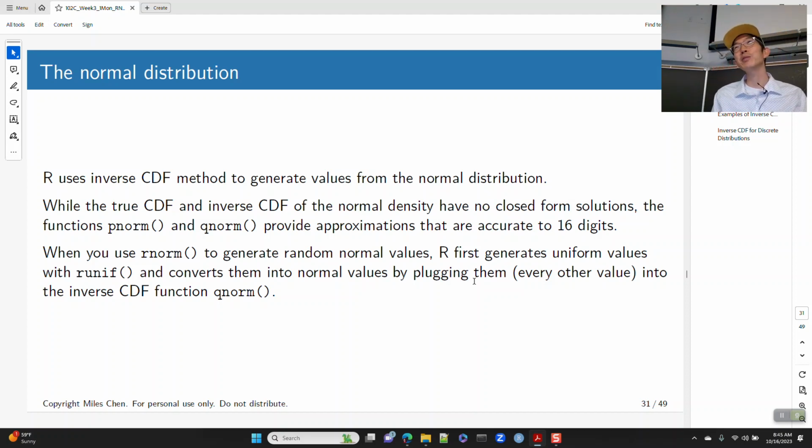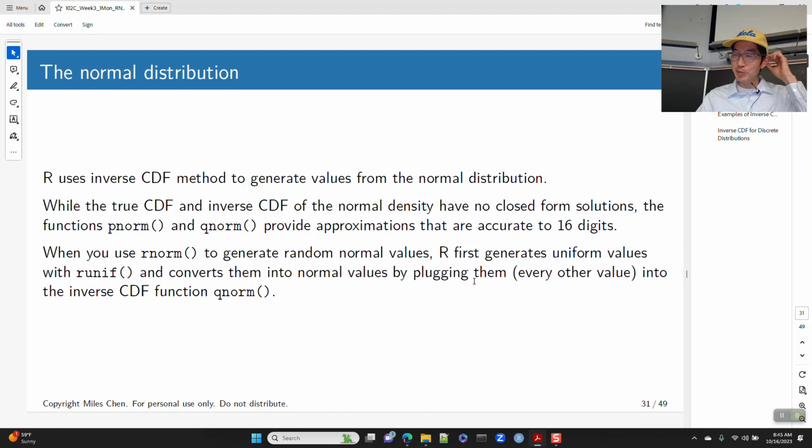It's a good approximation, accurate up to 16 decimal places, which is the limit of floating point accuracy on the computer anyway. So even though we don't have a closed form solution analytically, we have a numeric approximation that is accurate to 16 decimal places, which is basically as accurate as our computer is capable of doing. So we have this function, right?